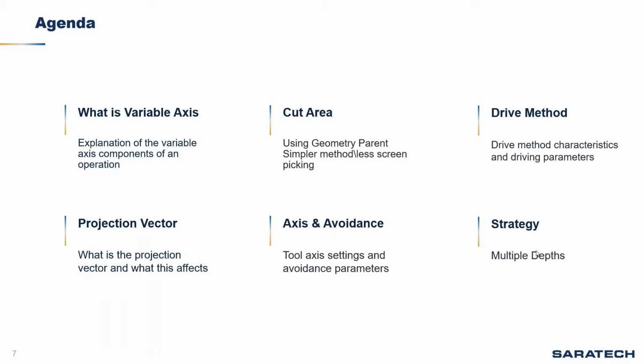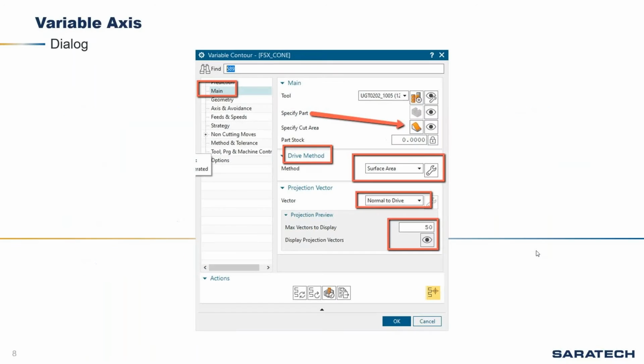We're going to briefly discuss drive methods and the characteristics and parameters, projection vector, and what exactly a projection vector is and how it affects the toolpath output. Then we're going to move into the tool axis and avoidance, its parameters and settings, and then we're going to talk about the strategy tab, where you have several options in there, one of them being the multiple depths.